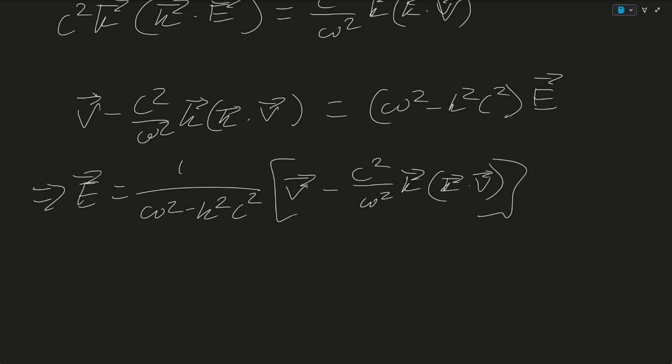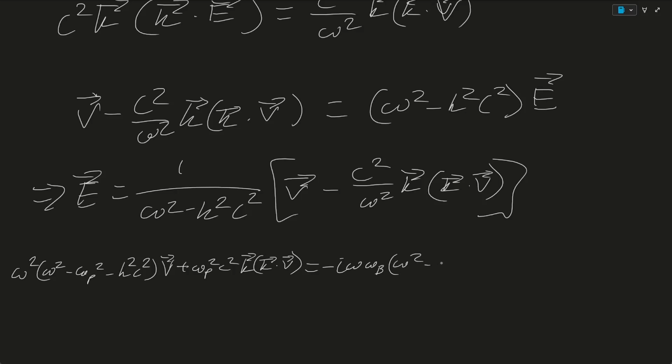So now it yields that omega squared minus omega p squared minus k squared c squared v plus omega p squared c squared k dot v is equal to minus I omega B, omega squared minus K squared C squared V cross B from earlier. Wonderful.